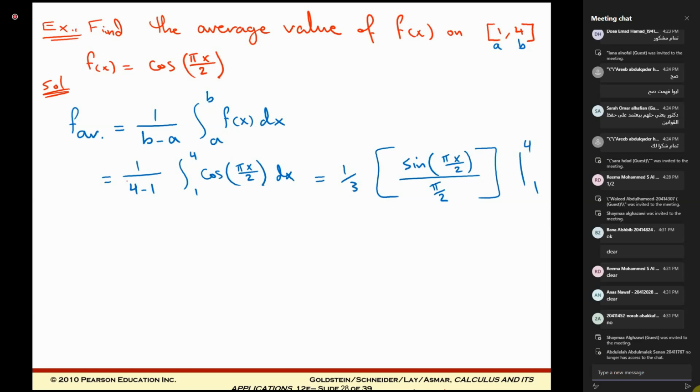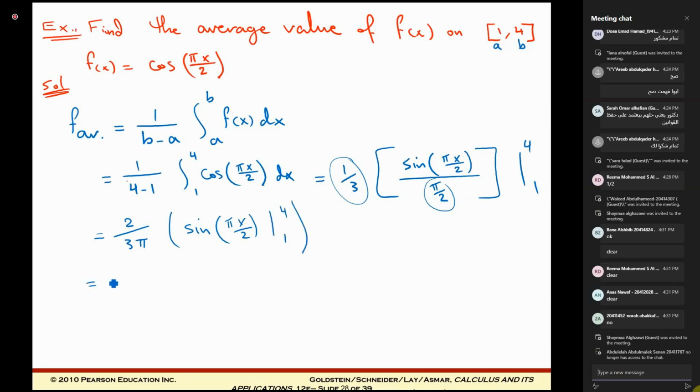Now this equals what? 2 over pi multiplied by 1 over 3. We can put 1 multiplied by this one, 2 in the numerator, so we have 2 over 3 pi. This is the outside. Now we need to substitute sine pi x over 2 from 1 to 4.